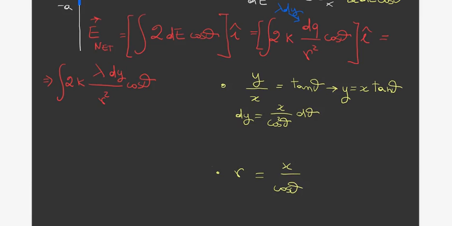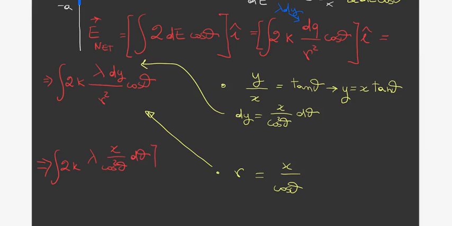And let's now substitute r and dy into my equation, and I obtain the integral of 2k lambda times x over cosine squared theta in d theta. Then I have another cosine theta to place over there. At the denominator, I have x squared over cosine theta squared.